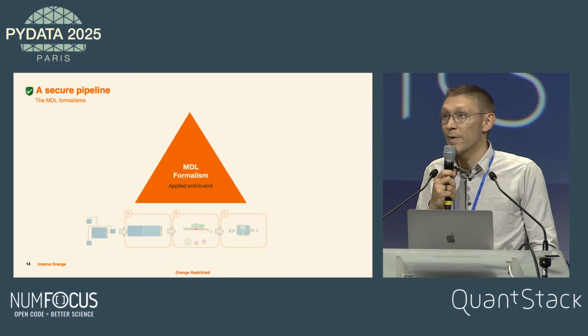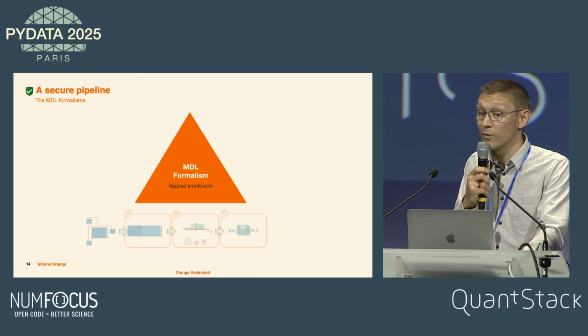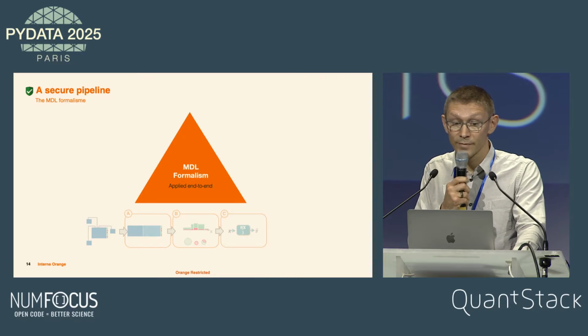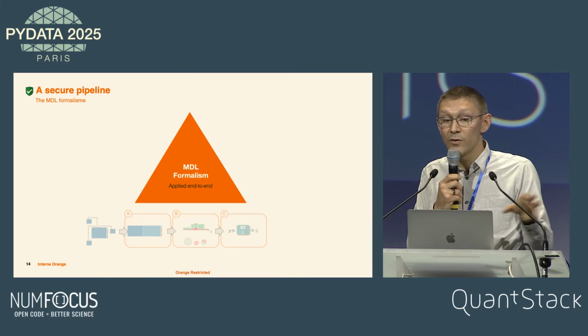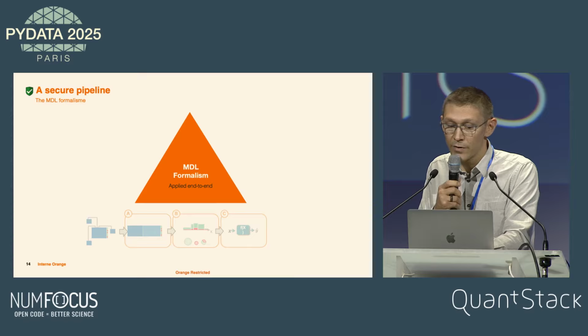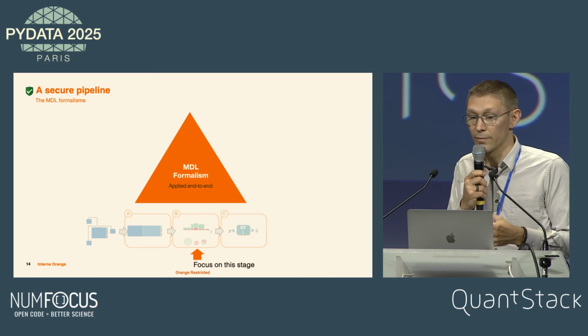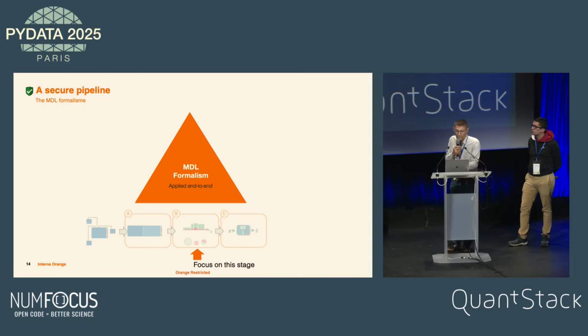So this is done by using a very particular formalism, which is based on a minimum description length, and which is applied end-to-end over all the pipeline. And first, in order to understand the main ideas of this formalism, we will focus on optimal encoding, and we will come back later to auto-feature engineering.